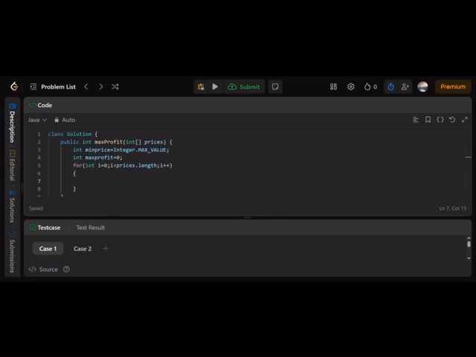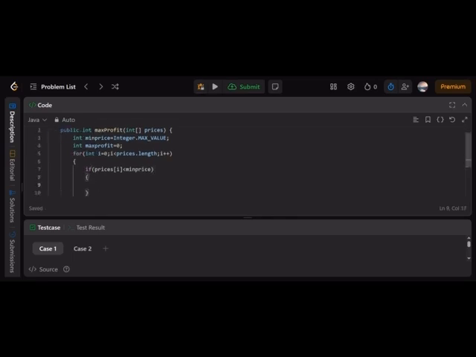So if my current price, whatever it is, is less than the min price, then we can update the min price to be prices of i.